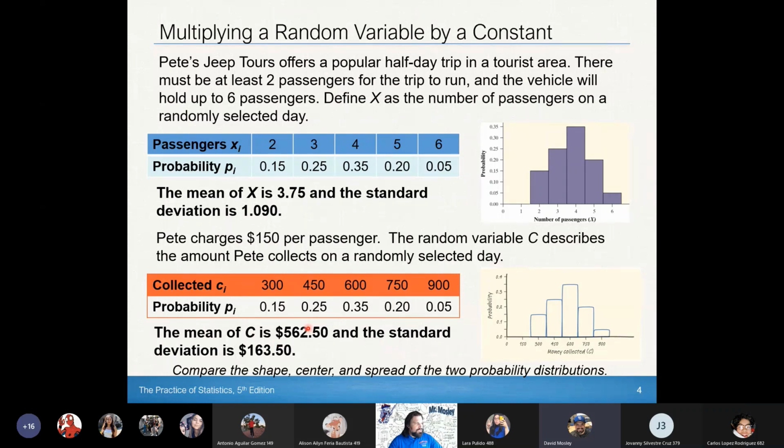How do you think they could have easily calculated the mean of C? What do you think they did based on what we've seen so far? How do we get from 3.75 to 562.50?